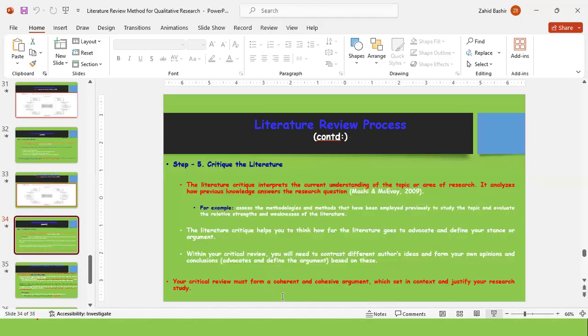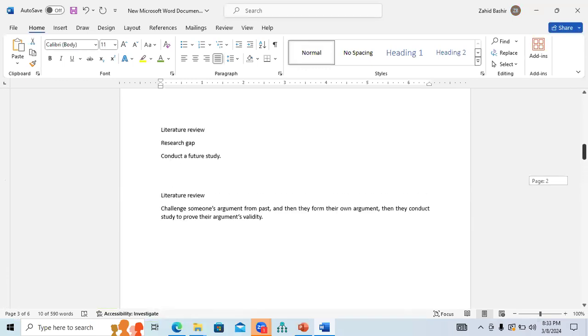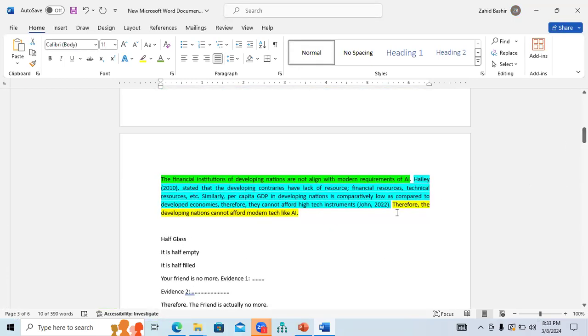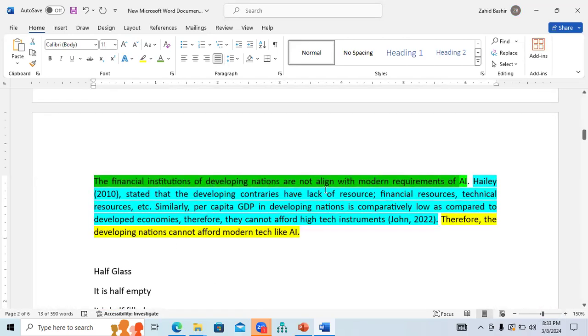Like for example, I have created some arguments yesterday. You have seen that first of all I put a claim, and the claim was financial institutions of developing nations are not aligned with modern requirements of AI. This was the claim.